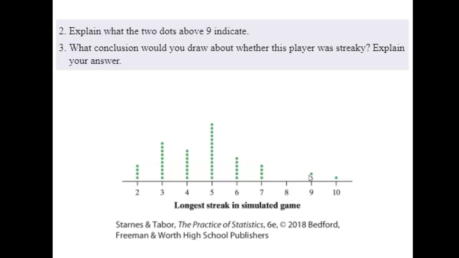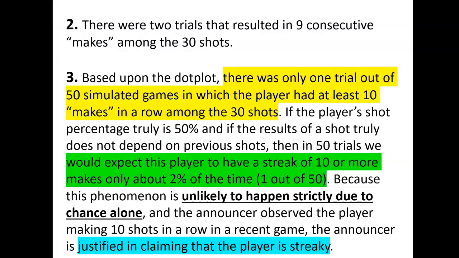So what conclusion would you draw by that? Well, based on the dot plot, there's actually only 1 trial where they had at least 10 makes in a row. And remember, that was due to sheer randomness. That had nothing to do with the player himself. So if the player's shot percentage truly is 50%, and the result of a shot truly does not depend on the previous shot, then in 50 trials, we'd expect this player to have a streak of 10 or more only about 2% of the time, so 1 out of 50.